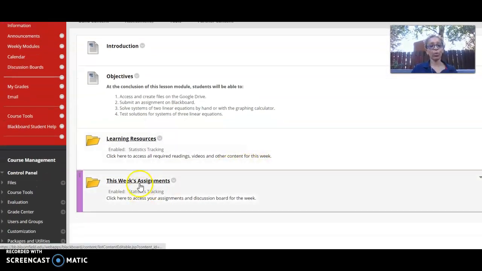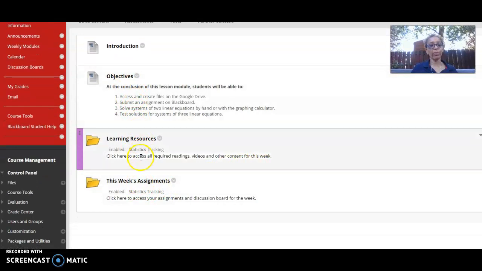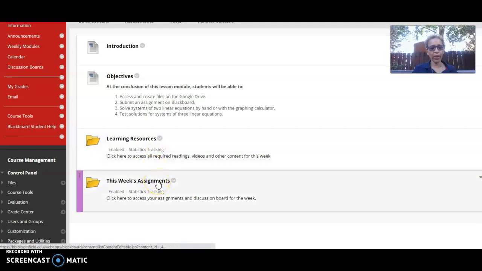The assignments for the week, again, you're going to read through this material, all the learning resources. You don't have to go through everything, but you want to look at the essentials. There's a few things there that you could see about the courses at Bloomfield, or about how to work with Blackboard, things like that.